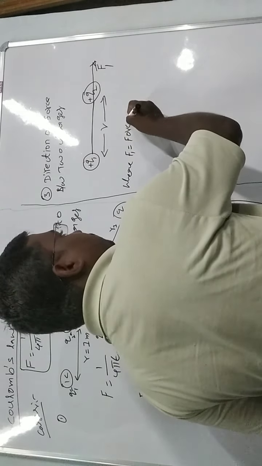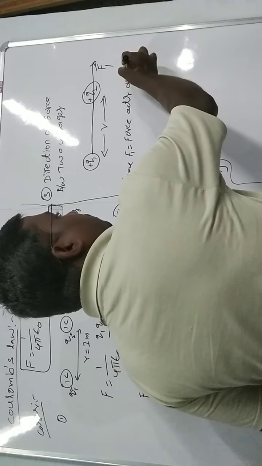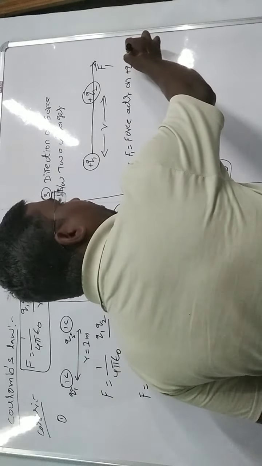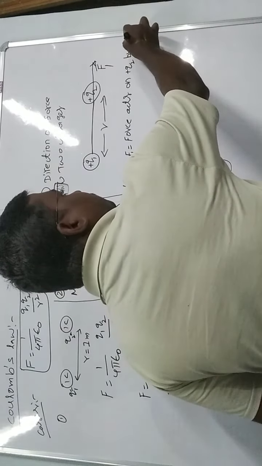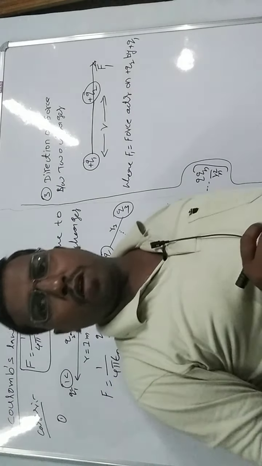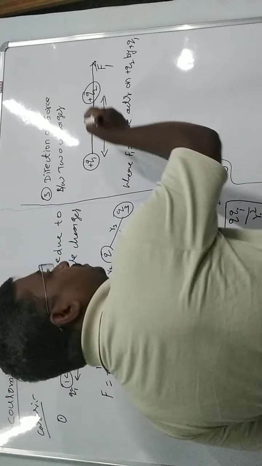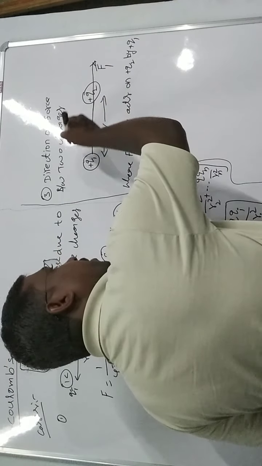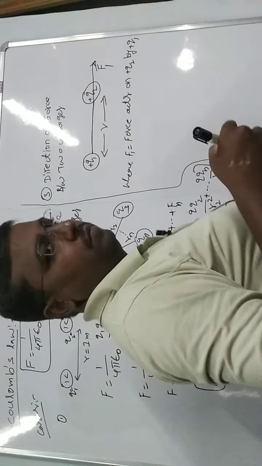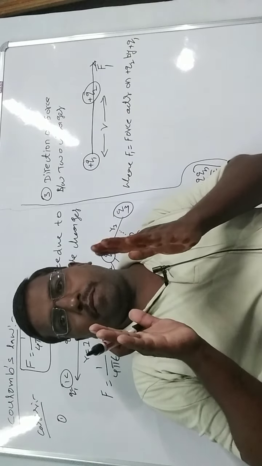F1 is the force acting on plus Q2 by plus Q1. Similarly, this Q2 also applies the same force on plus Q1, because both have the same magnitude.